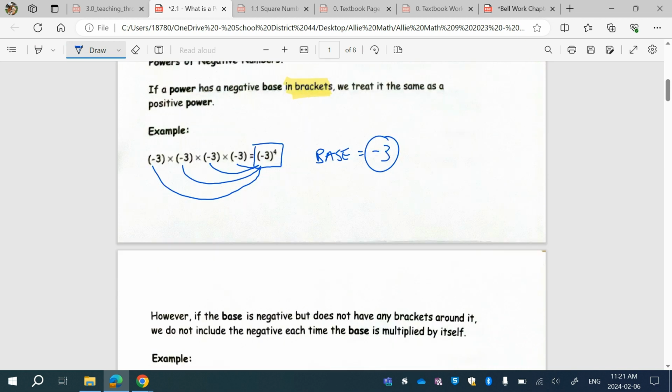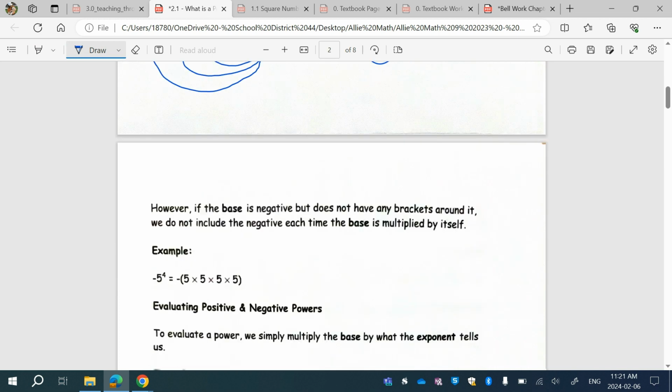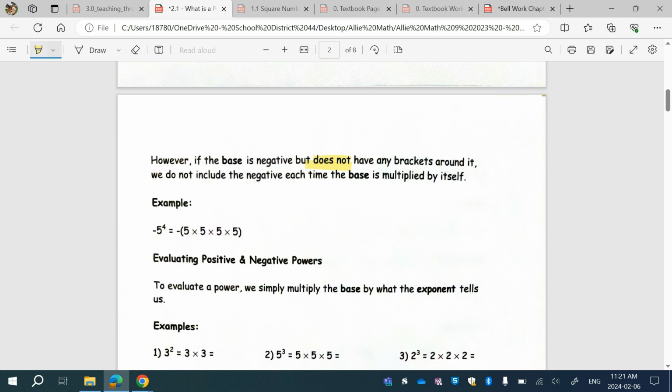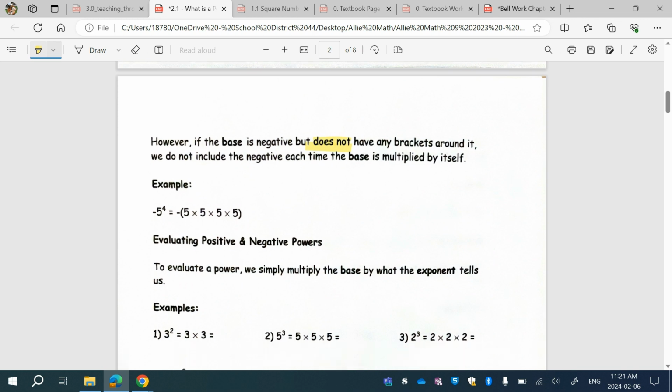Let's move on. However, if the base is negative but does not have any brackets around it, we do not include the negative each time the base is being multiplied by itself. So let's look at an example right here. We don't have brackets, we just have the negative 5 to the power of 4.